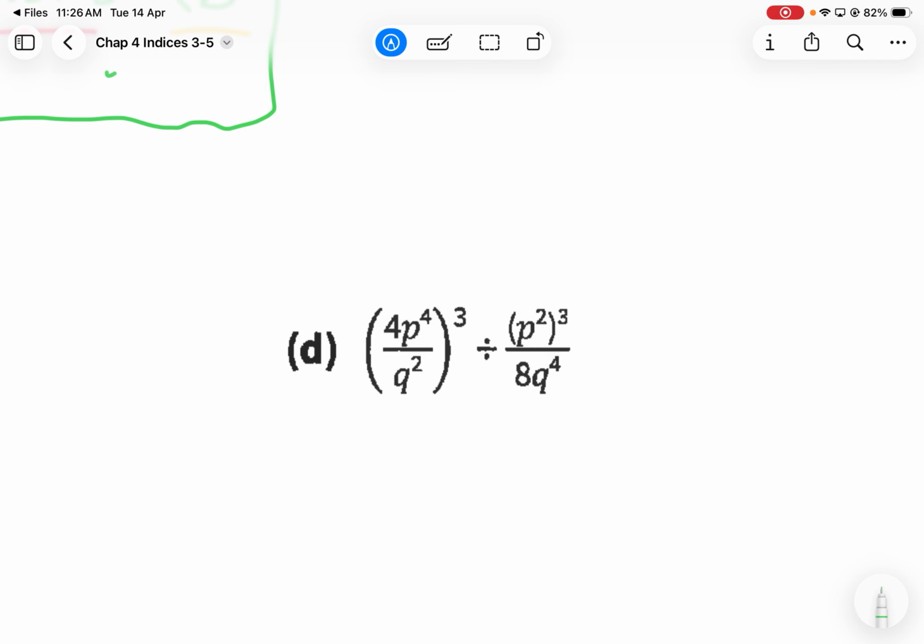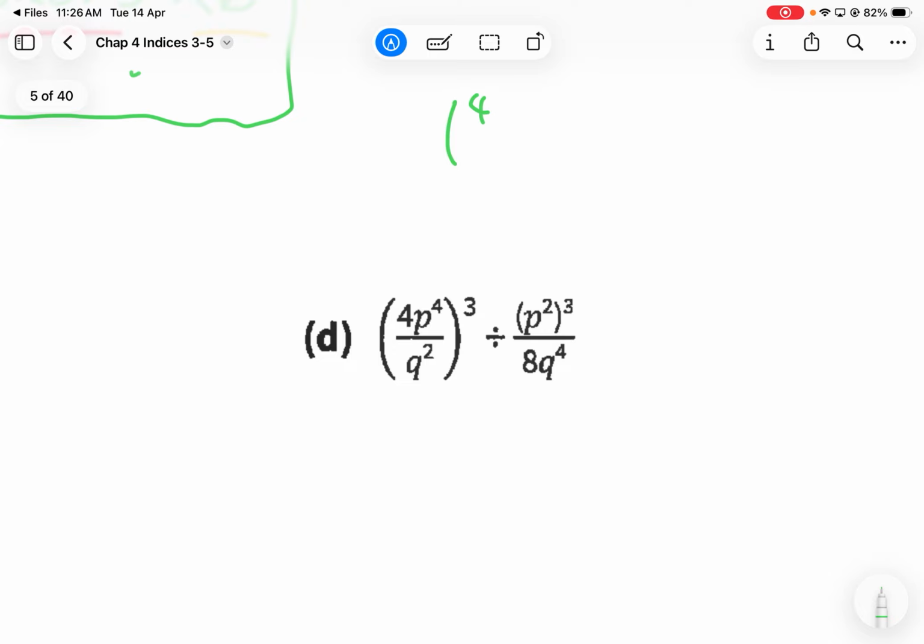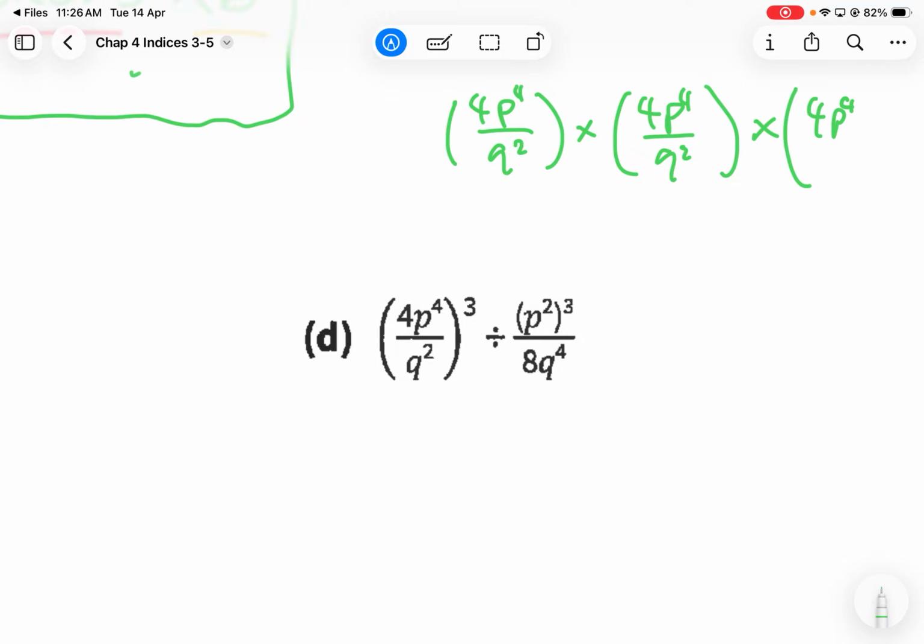So, when I'm solving this problem, yesterday's property, when this fraction is being cubed, what really happened is, I will have 4P4 over Q square times 4P4 over Q square times 4P4 over Q square.